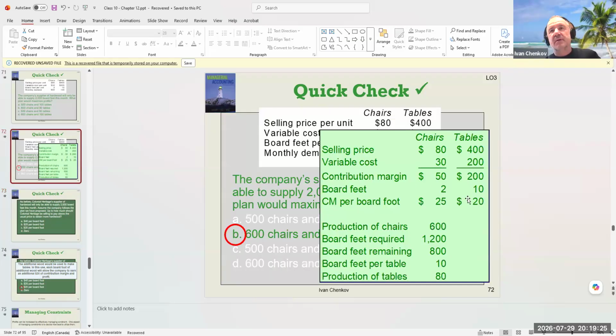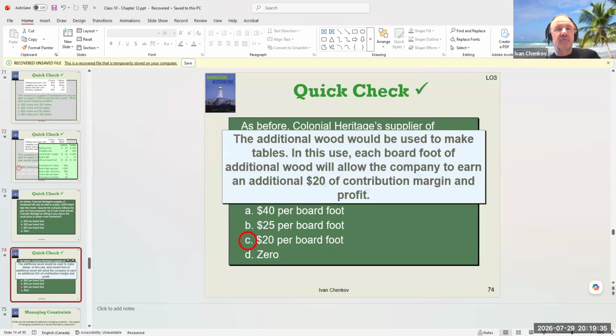Obviously, that will be the contribution margin per board foot that we're generating. So we're willing to pay only $20, which is the contribution margin. That will be the maximum. Anything above, we're going to start losing.